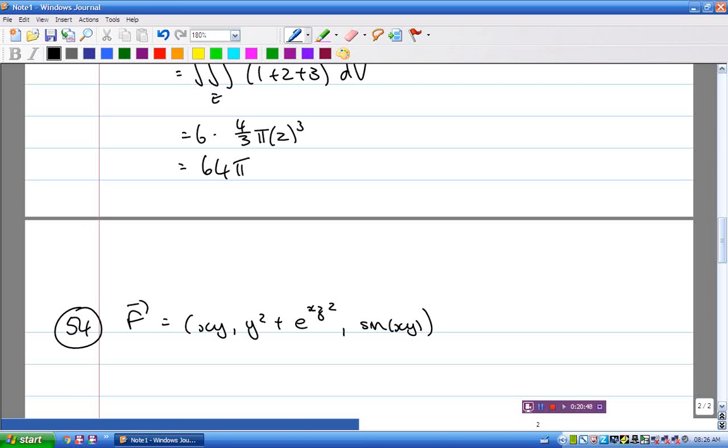So it won't be 0, but on that middle component the nasty bit is the e, but the e doesn't have a y in it. And in the third component, the sine, well, sine's not too bad, but it can give us headaches, but it doesn't have any z's in it.